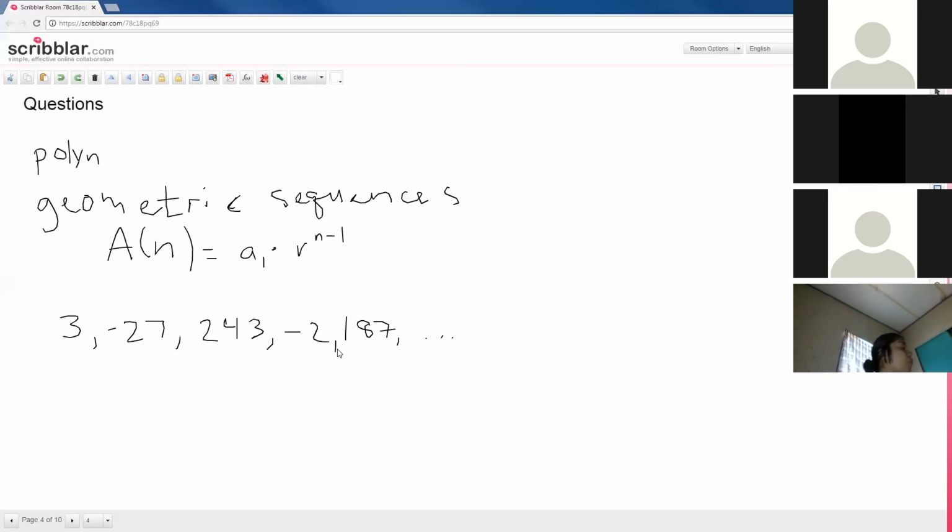So if you're going to find the next term, you need to be able to figure out, well, what am I multiplying by every time? If it's specifically a geometric sequence, then you're specifically multiplying every single time. So what number do we multiply 3 by to get up to a negative 27?